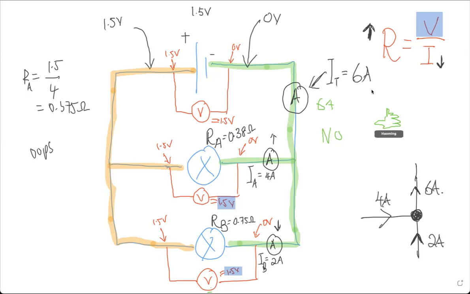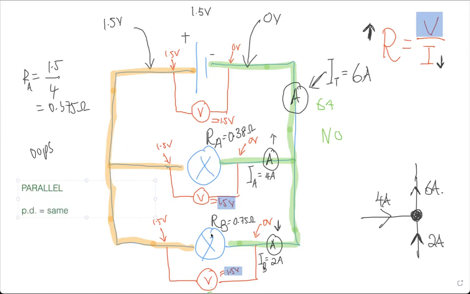Okay, so now this is a parallel circuit. So let me summarize a parallel circuit. For a parallel circuit, if the two components are in parallel, the voltage is the same. Okay, don't use the voltage, the PD are the same. Is that clear?